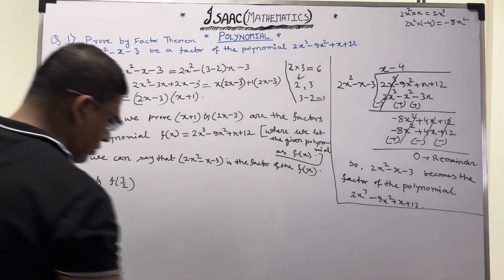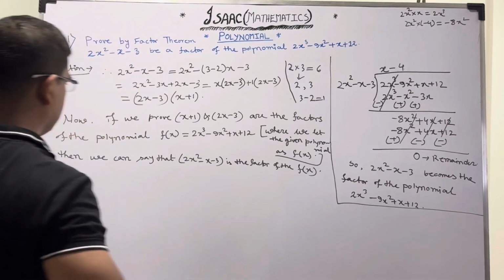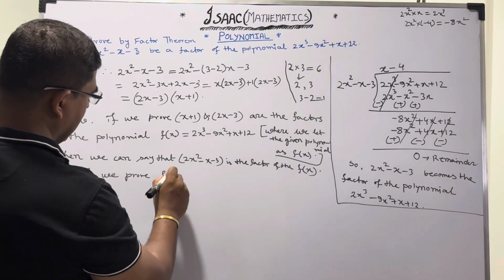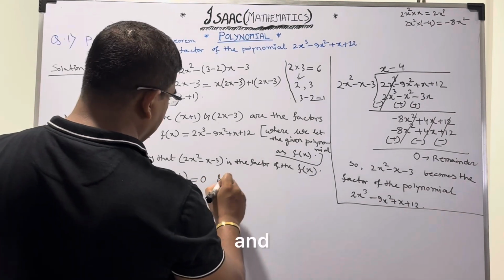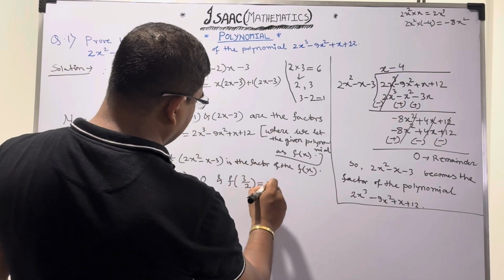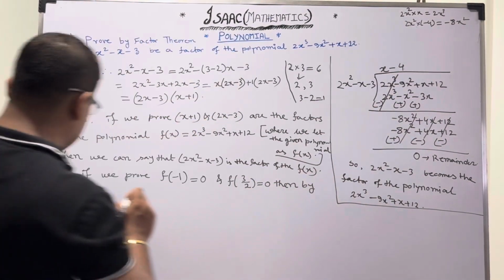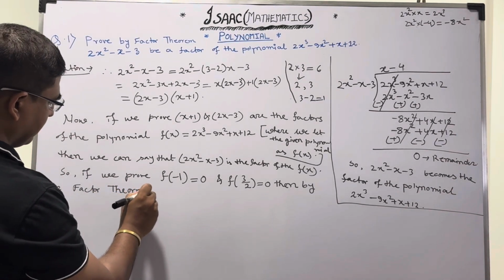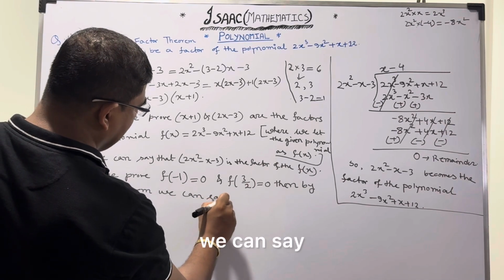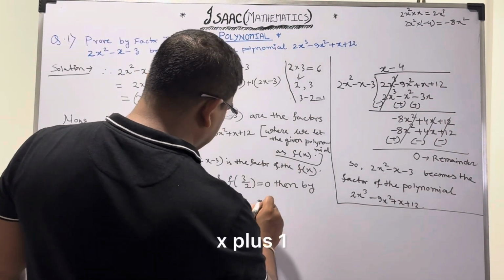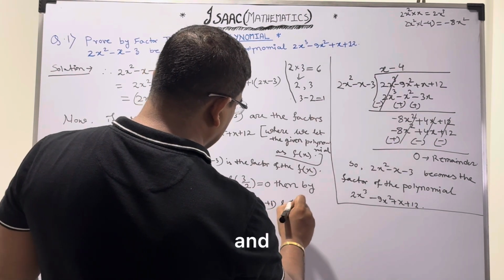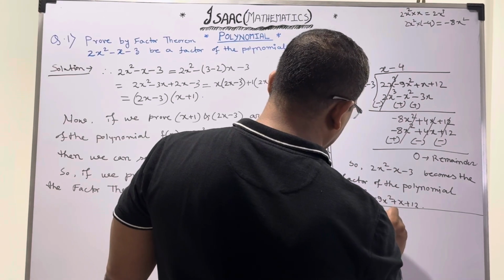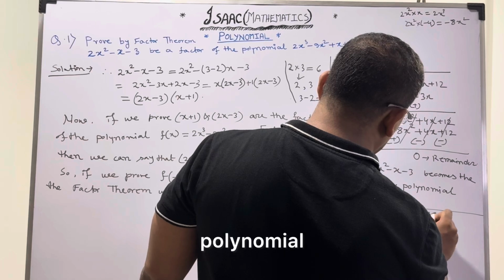So if we prove f of minus 1 equals 0 and f of 3 by 2 equals 0, then by the factor theorem we can say that x plus 1 and 2x minus 3 are the factors of the polynomial f of x.